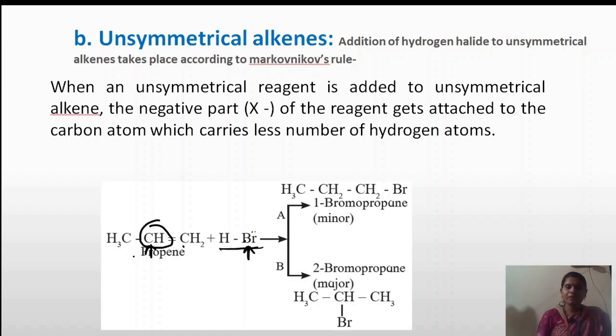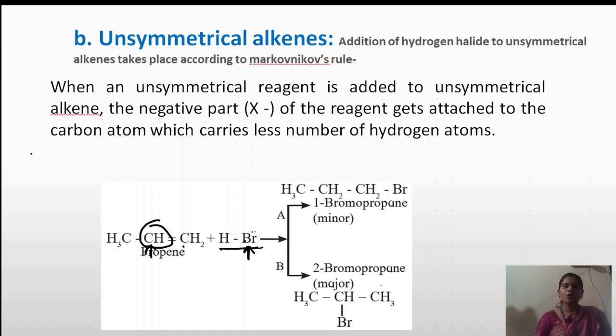So which is the major product of this reaction? This is CH3CHBrCH3. In this case, this bromine is attached here. So 2-bromopropane is the major product of this reaction. And what about the minor product? When this bromine is attached to this CH2, we will get CH3CH2CH2Br, and this is the minor product of the reaction.